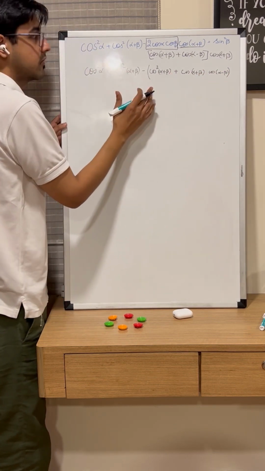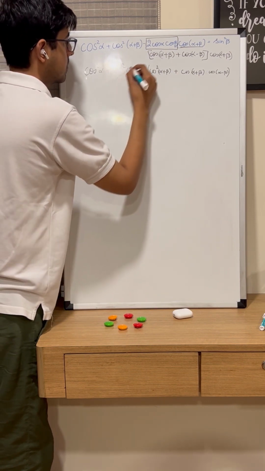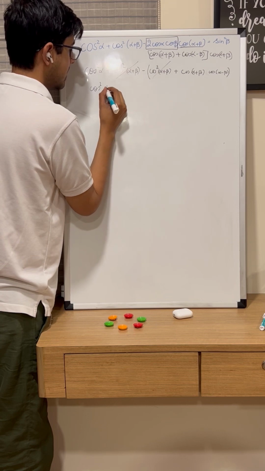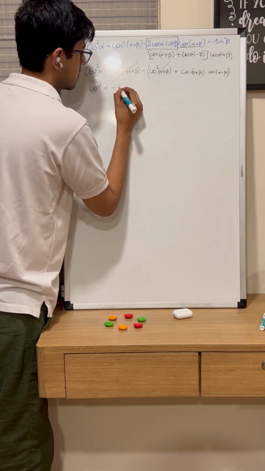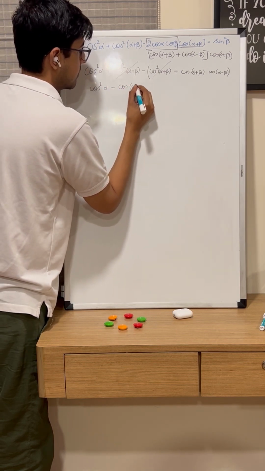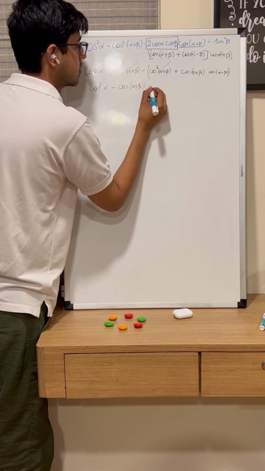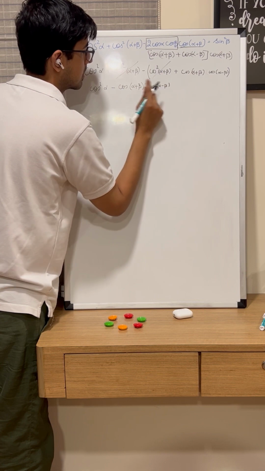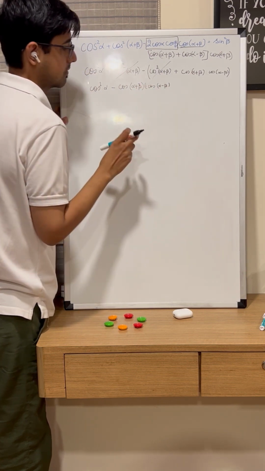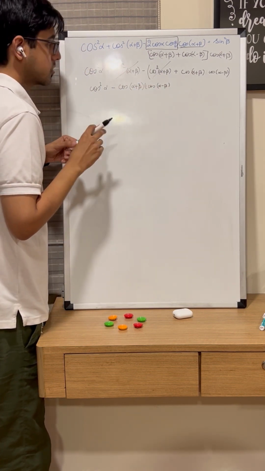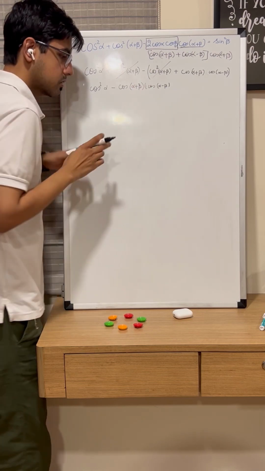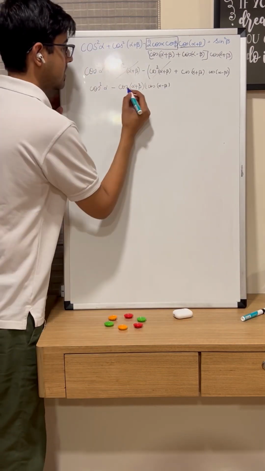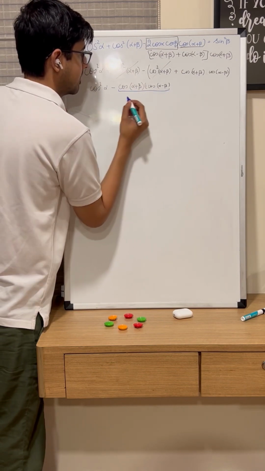Is this fine? Now we can simply cancel these two terms and I am left with cos square alpha minus cos of (alpha plus beta) into cos of (alpha minus beta). Perfect. So let us try to simplify what cos (a plus b) into cos (a minus b) is.